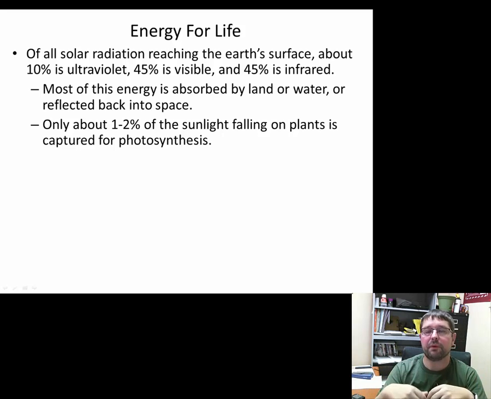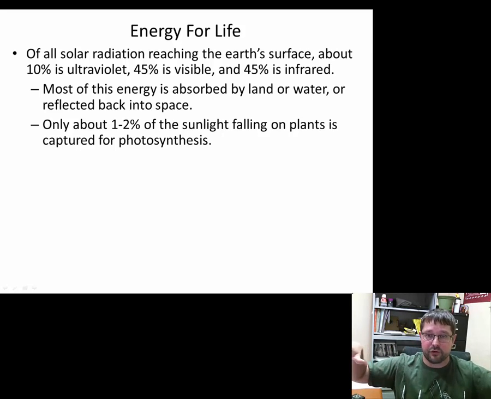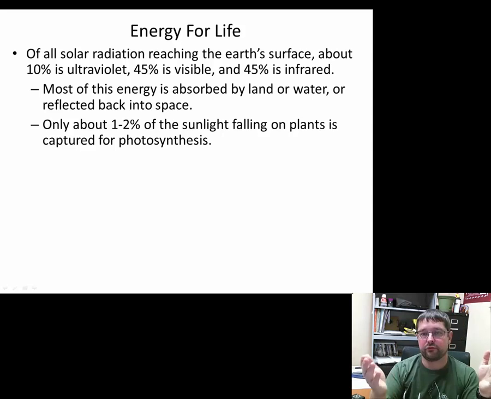So by designing capturing mechanisms, ways to capture solar radiation, whether it's ultraviolet, visible, infrared, ways to devise and capture that is not really going to have an effect at all on photosynthetic plants, unless we decide to cover the landscape and replace all the plants with man-made mechanisms to capture this. But as long as that's not the case, you're not going to affect how much sunlight is available or how many photons are available for plant life to live.